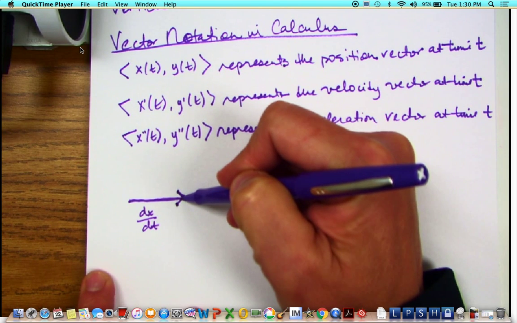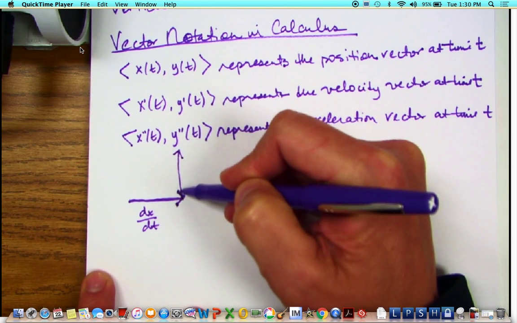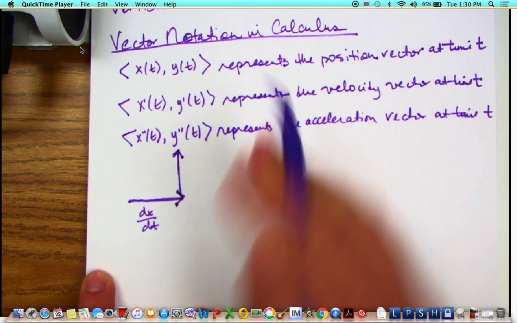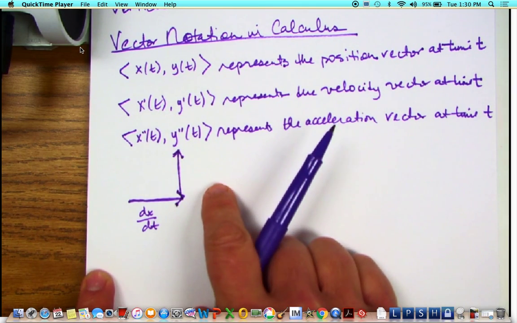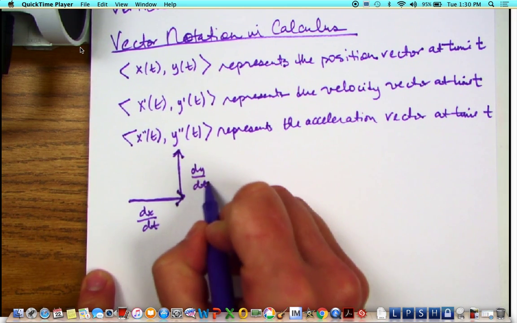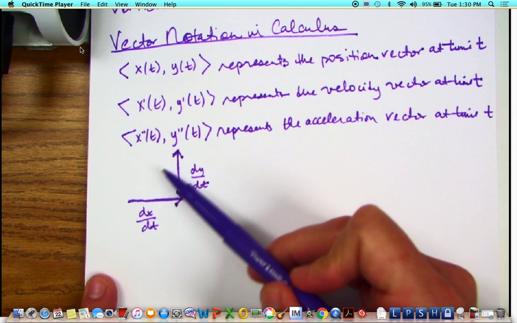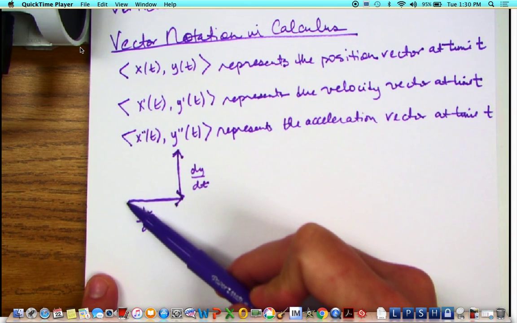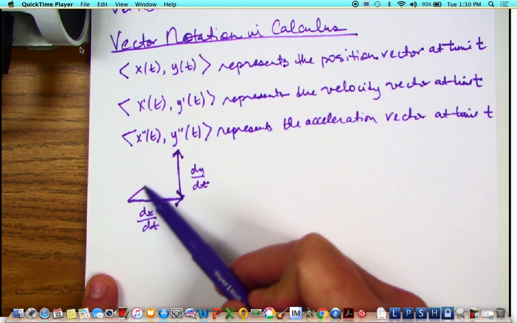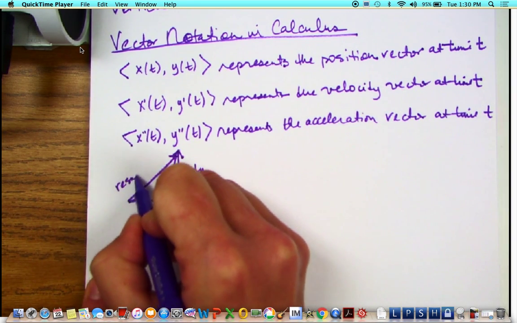And then the whole tip to tail thing, right? So I do this, and this component here with an arrow on it, we're indicating movement. This would be labeled dy/dt. And then, do I draw my resultant this way? That's what I thought. Yeah. Okay, and so this is your resultant vector.